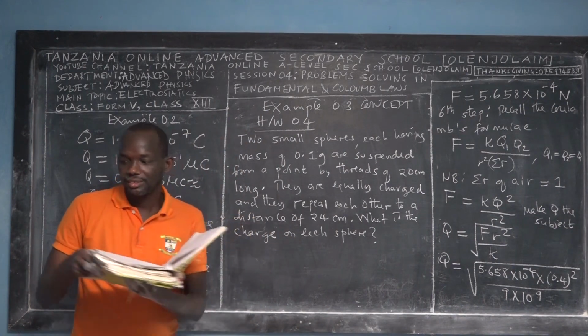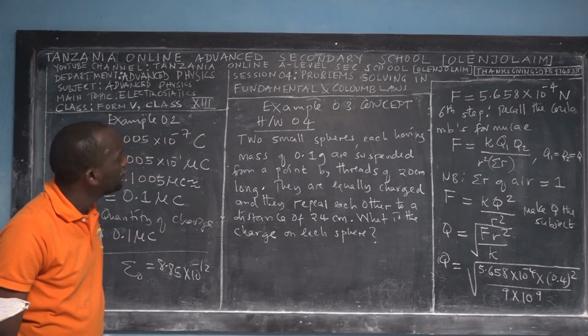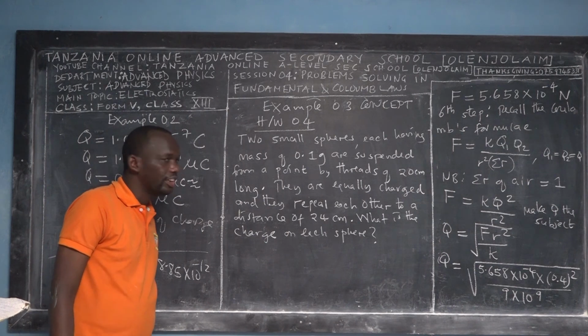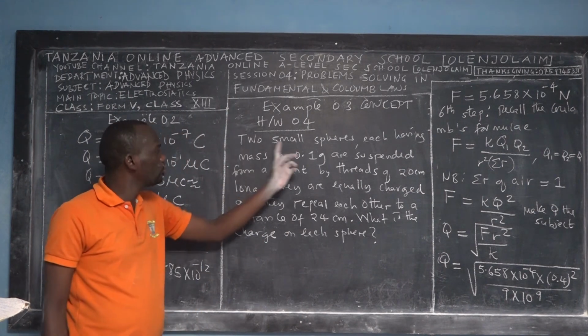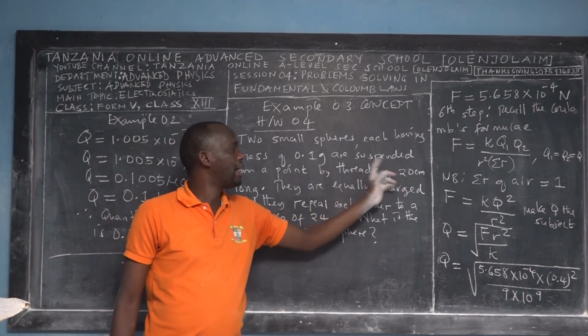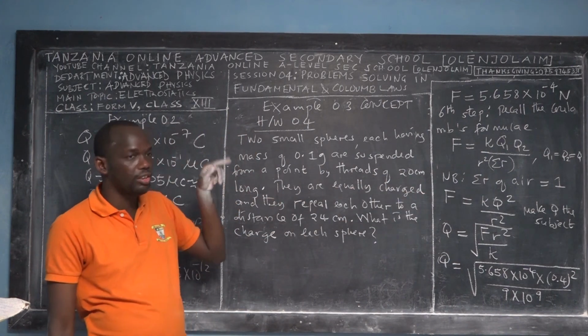That's your homework. Let me read clearly, because some students say, oh sir, you have been writing quickly, so I didn't understand the homework. Two small spheres, each having a mass of 0.1 gram, are suspended by threads of 20 centimeter long.